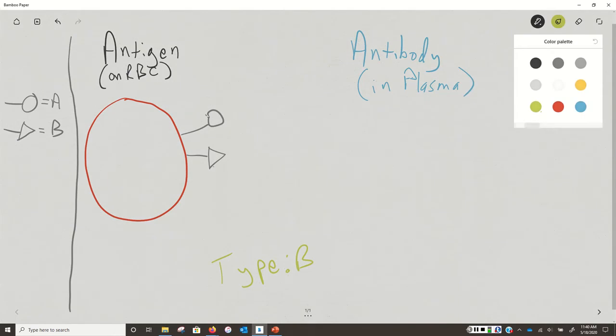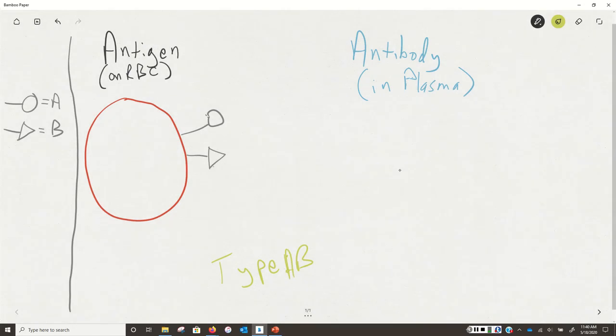They should have the B antigen in their body. So their blood type would actually be type AB. Someone with blood type AB, it doesn't mean they have an AB antigen. There's no such thing. Someone with blood type AB, that means they have A antigens and B antigens. But they would have no antibodies because nothing would look out of place.